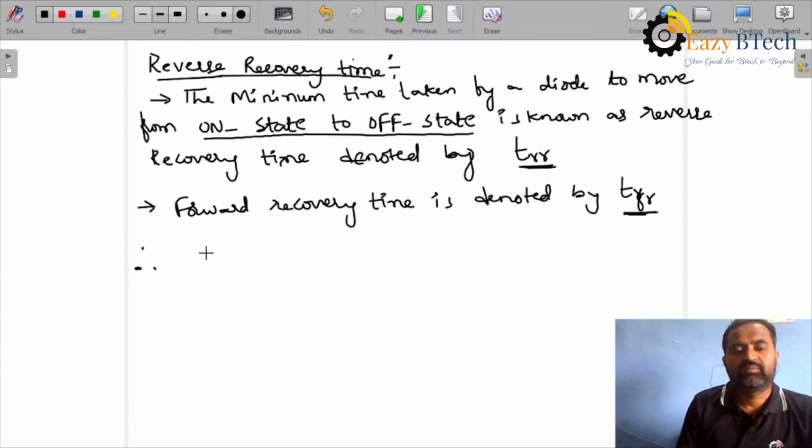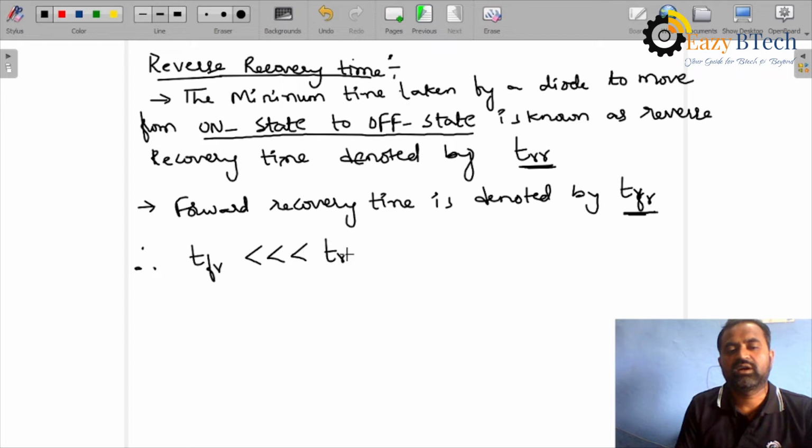Therefore, TFR, the forward recovery time, is less than TRR. Okay. Forward recovery time is less than reverse recovery time.